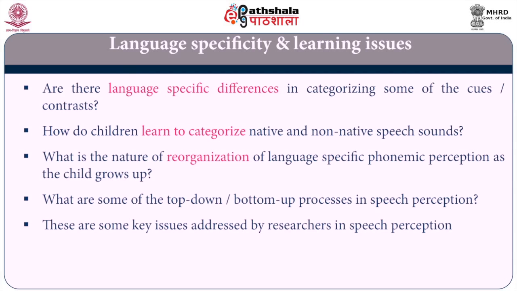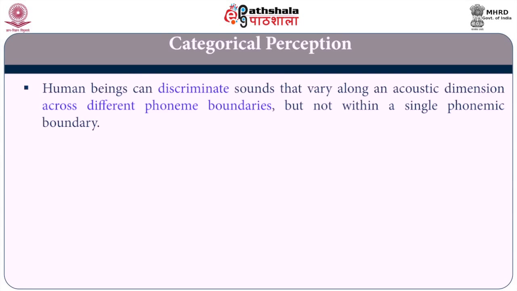So, for that, categorical perception is one of the earliest experiments done to find out, do people categorize speech sounds similarly across different languages. Definitely we all differentiate pa from ba, ka from ga, ta from da. Everybody, whether you are an English speaker, a Hindi speaker, or a Telugu speaker, can differentiate. But are there differences?